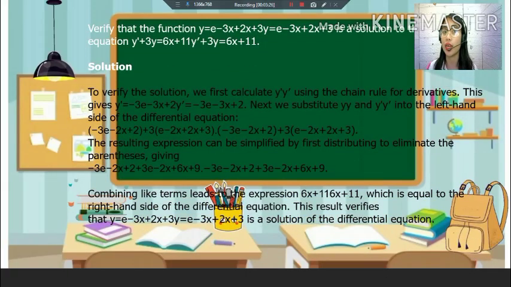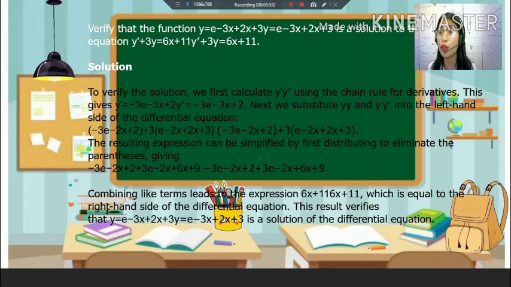And this is the second example. Verify that the function y equals e^(-3x) plus 2x plus 3 is a solution to the differential equation y prime plus 3y equals 6x plus 11.